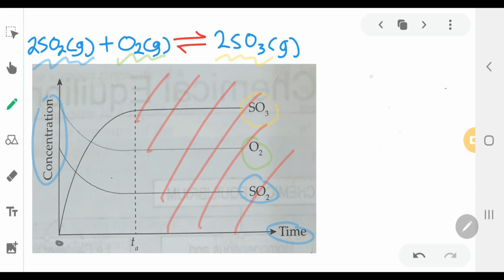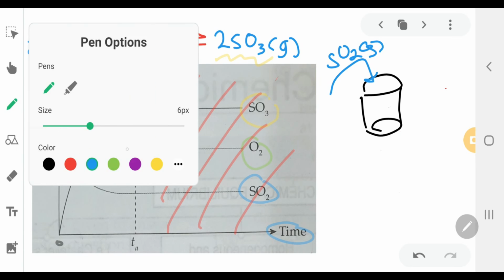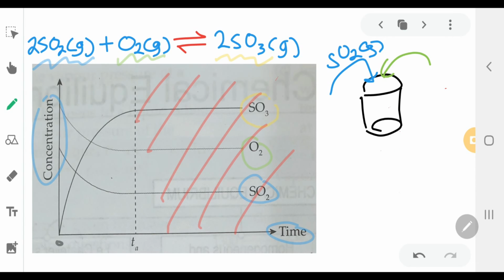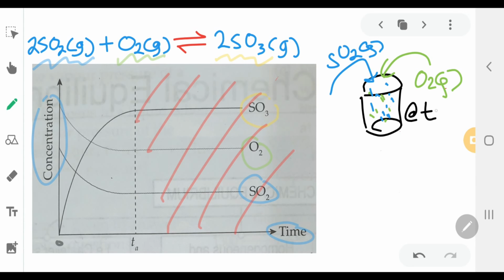Okay, so you can imagine that in the beginning you have a vessel, and then you add in SO2 gas, and then you add in O2 gas inside there. Okay, then you have gas O2, then you have gas SO2. This one is at time equals 0, 0 second, let's say.